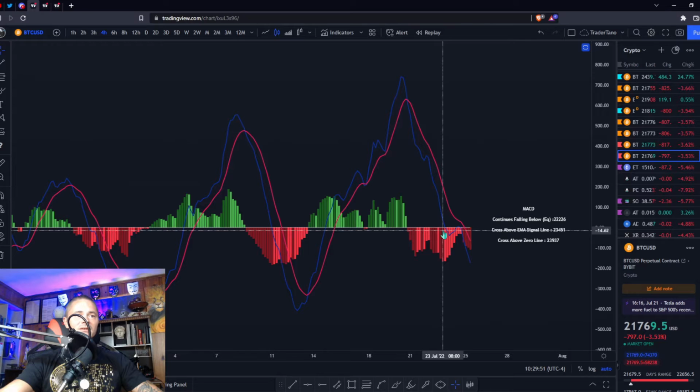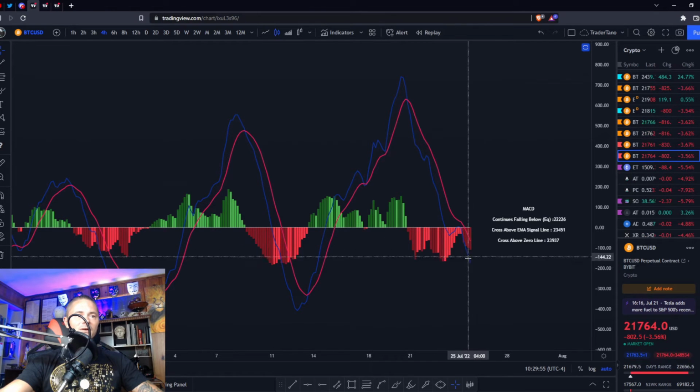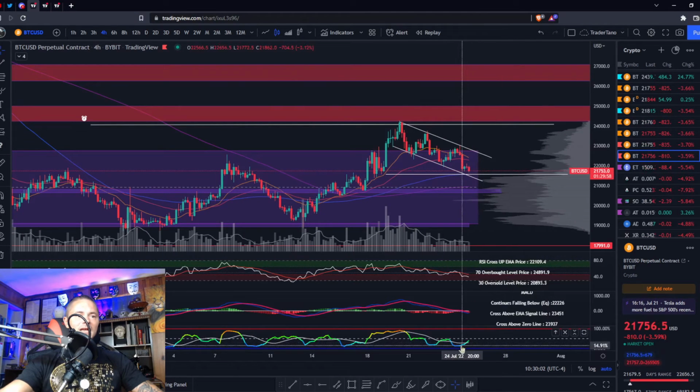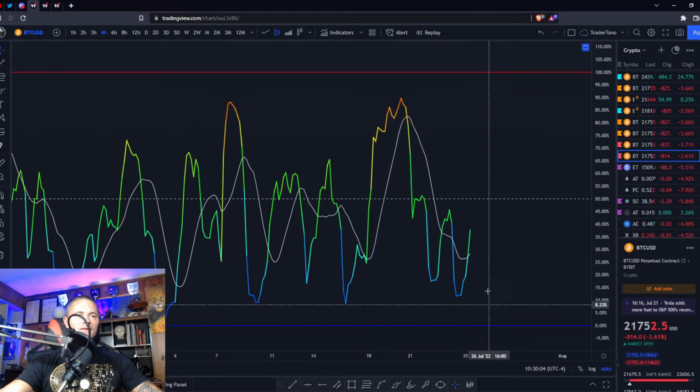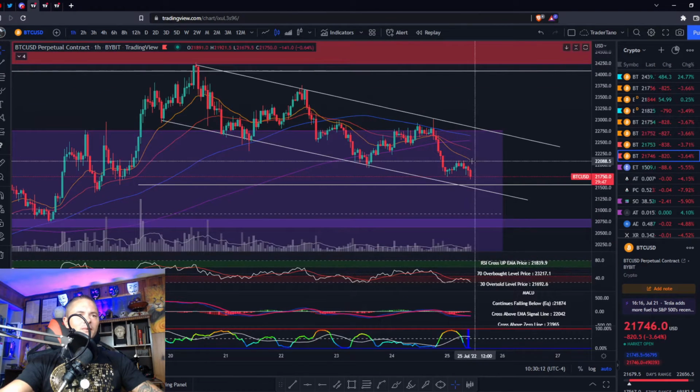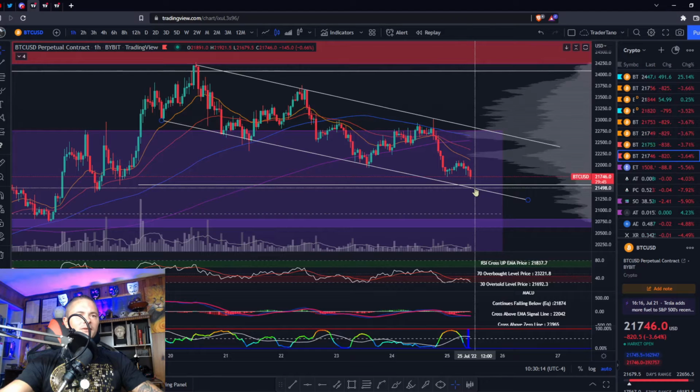You have a fresh cross to the downside as you got rejected from the signal line, kind of front ran it. You have a fresh cross to the downside of the zero line. Negative momentum is increasing as your BBWP just crossed the moving average, which means the vol is coming. So what I think can happen, I think we go a little lower. I think we go to the bottom of this channel at 21,500 and then probably move back up.